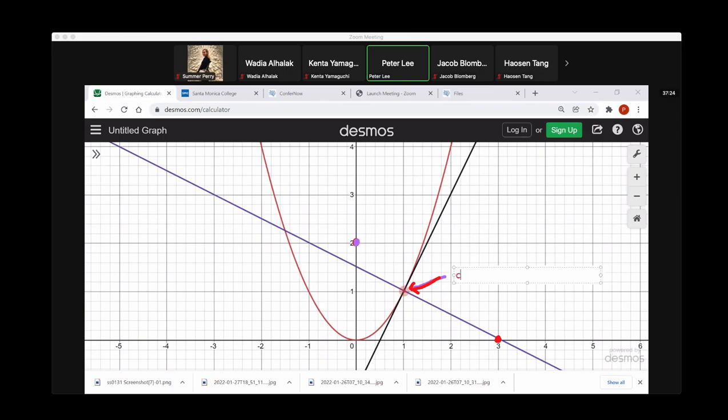Yes, that is the closest point. And if that is the closest point, then this point is on the normal line at the closest point. So this is the pattern we see.